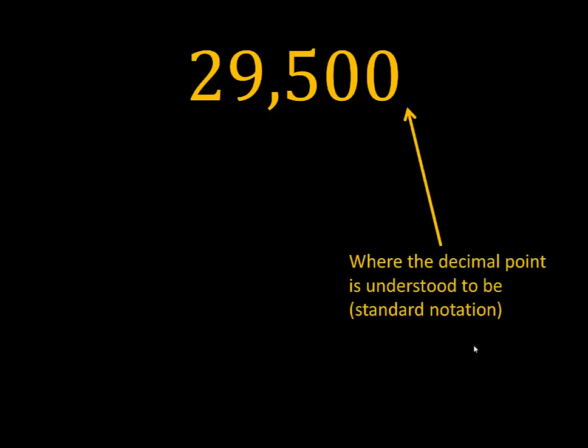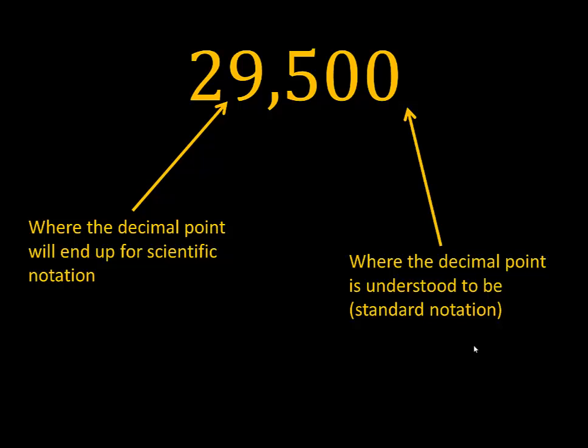When you convert a number to scientific notation, you start by looking at where the decimal point is, or is assumed to be, or understood to be in standard notation. Then you look at where the decimal point will end up for scientific notation, and we'll figure out how many places we have to move the decimal point to write it that way.